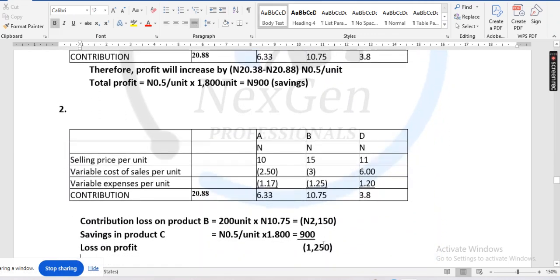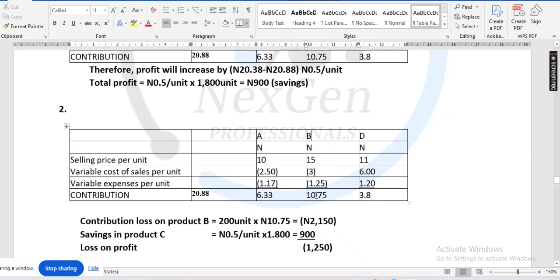Now, the next one is, what will be the impact? If you discontinue product C and the units of product B decrease, what will be the impact? We want to know, will our profit increase or decrease?